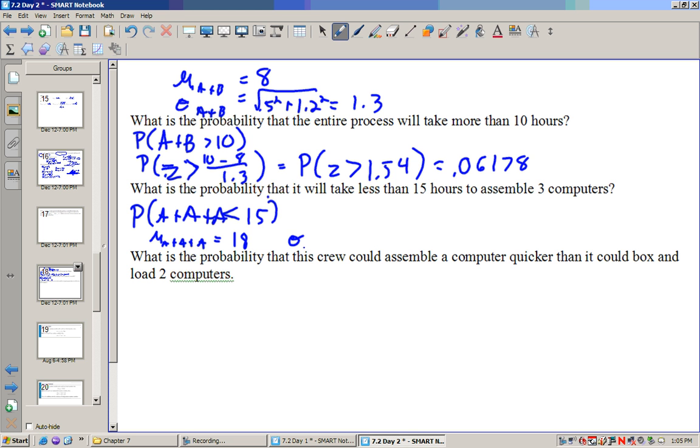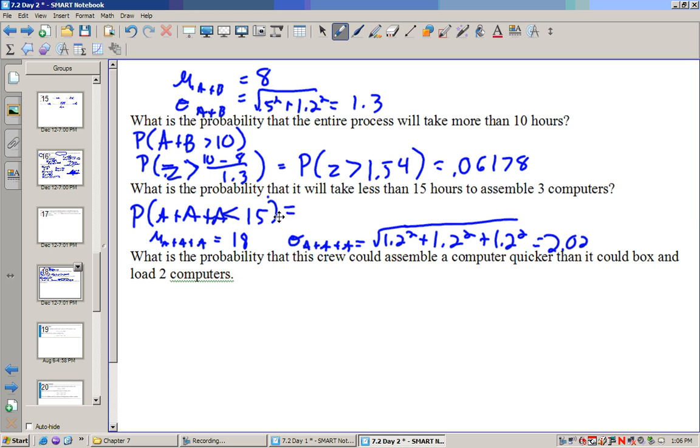And we need to find the standard deviation, which is the square root of 1.2 squared plus 1.2 squared plus 1.2 squared. Or we could have just said square root of 3 times 1.2, and that's 2.02.